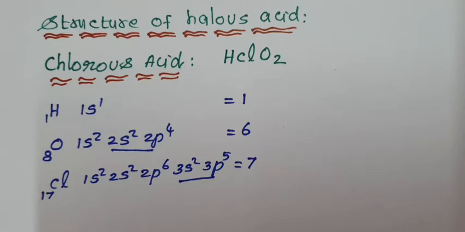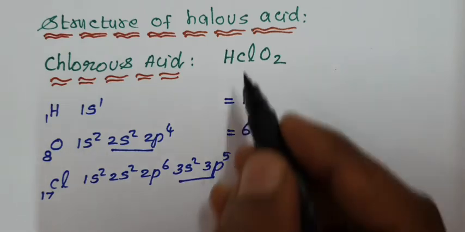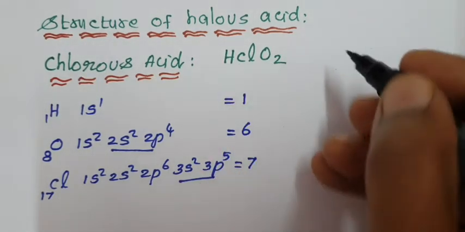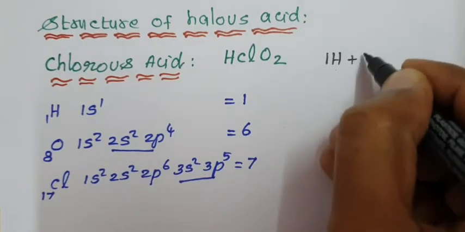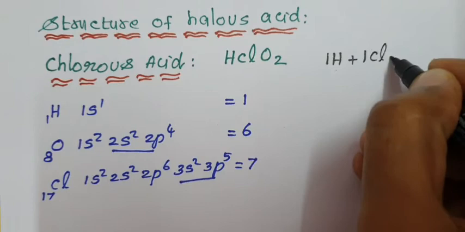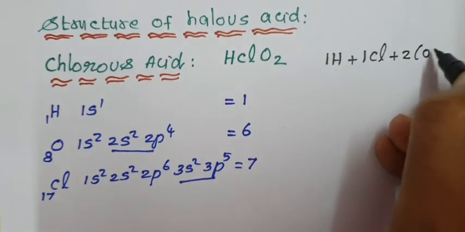Now we are going to calculate the total number of valence electrons in chlorous acid from the formula. We have HClO2. It contains 1 hydrogen, 1 chlorine, and how many oxygens? 2 oxygens.